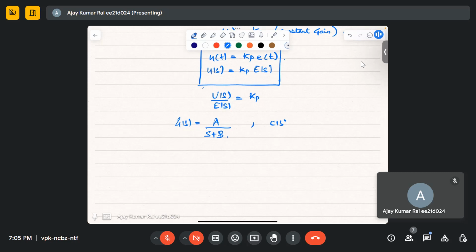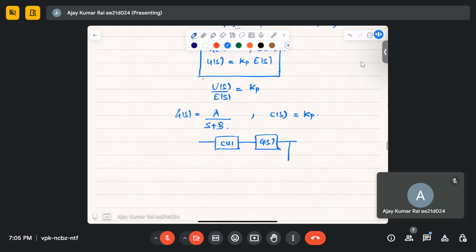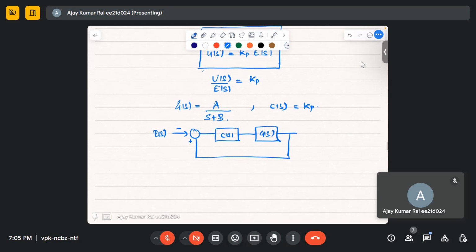The controller transfer function is Kp, so it will be like this, with G of s the plant transfer function. Let's suppose we have taken this first order system. I don't know whether we'll get zero steady state error or not. Let's check. This is negative feedback and H of s is equal to 1.